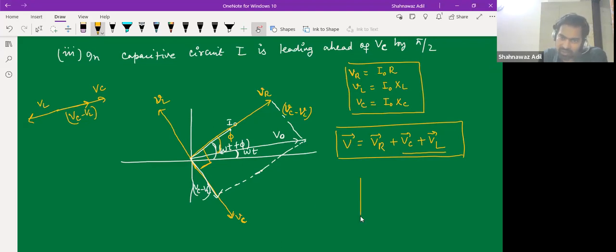I have this graph: this is my VC minus VL in this direction, and this is my VR.